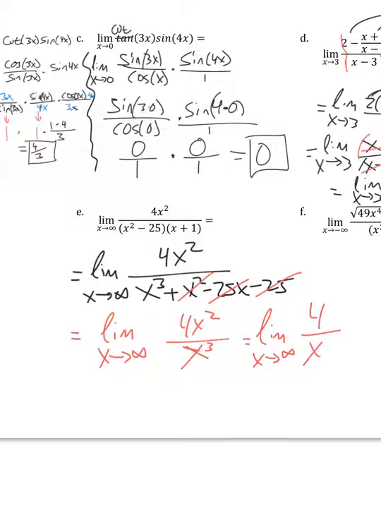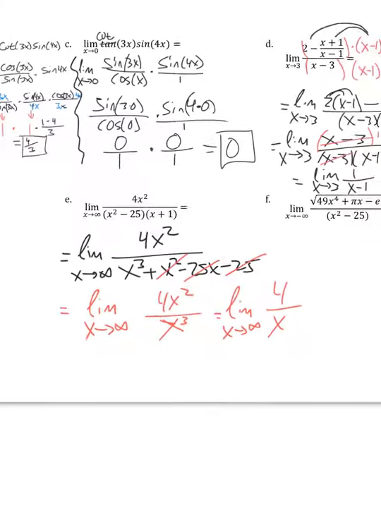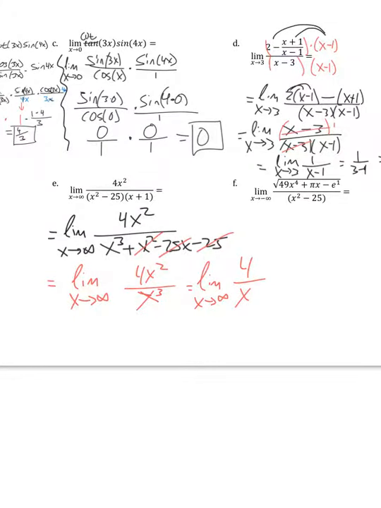And so as x gets gigantic, this is 4 over a million, 4 over a billion, 4 over a trillion. And so this is going to 0. Anytime we have a larger degree on bottom than on top, the limit is going to 0.